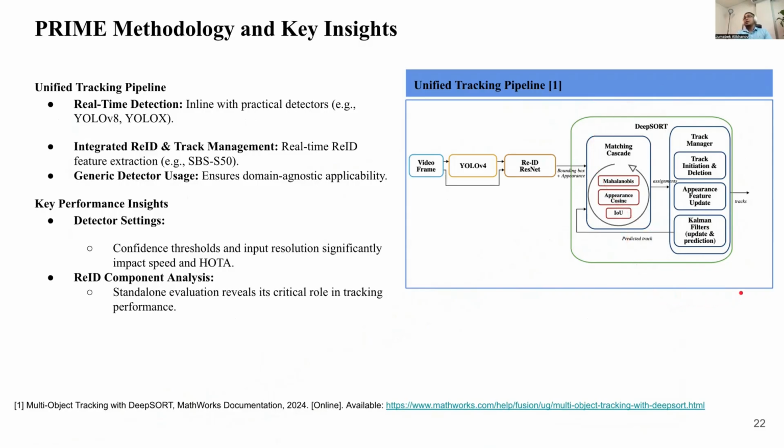However, in our Prime methodology, we unify and see the whole pipeline as the tracking pipeline. Rather than evaluating the partial tracking component, we have to evaluate the whole tracking pipeline in order to know the practical performance in terms of accuracy and speed. So this is the whole idea of Prime, right?